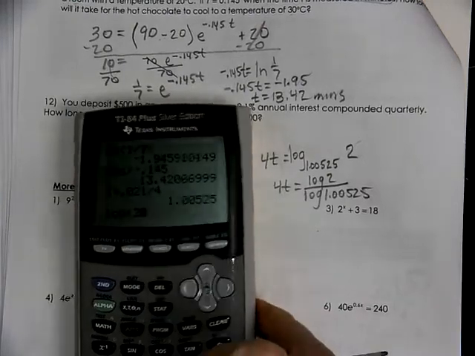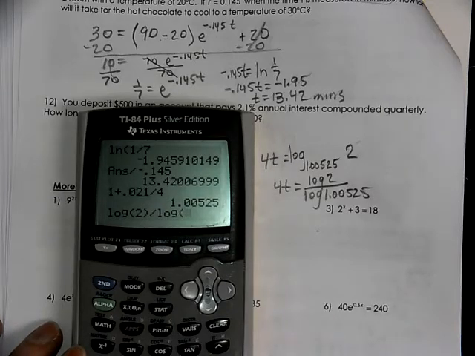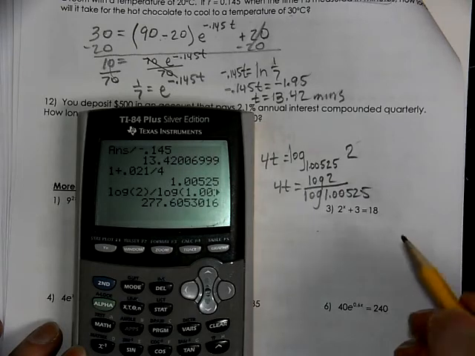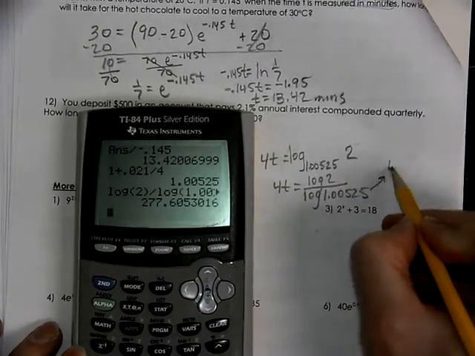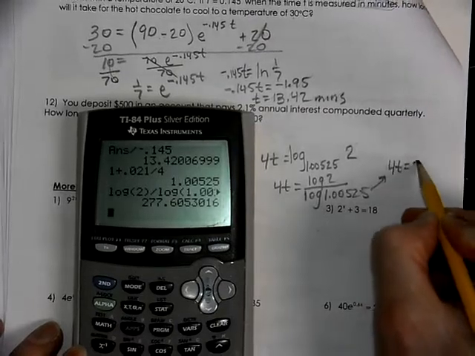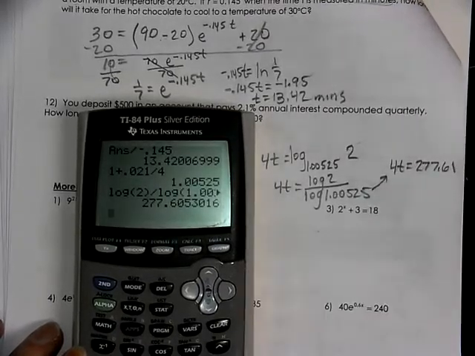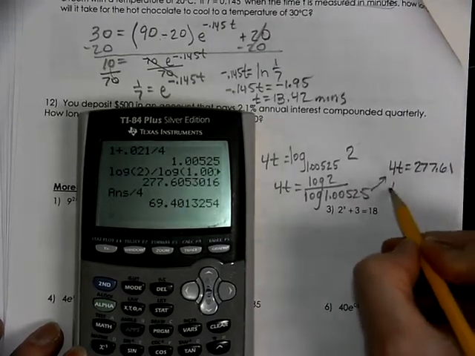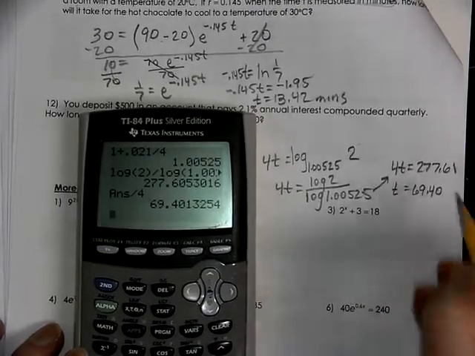Log of 2, close the parenthesis, divided by log of 1.00525. So that's going to give us 4t equals 277. And divide our number by 4, 69.40.